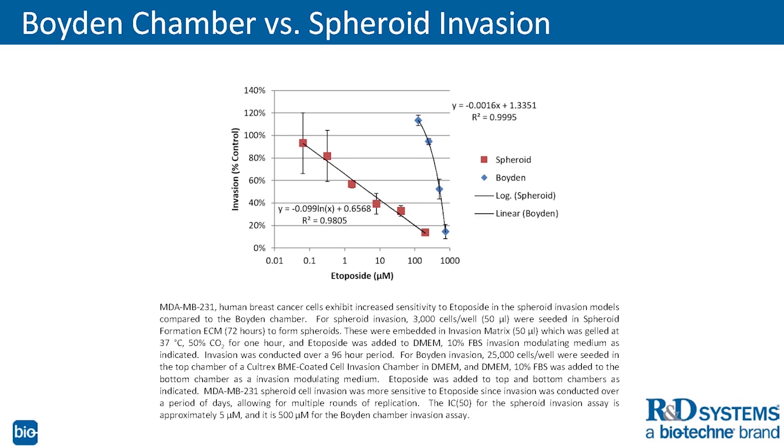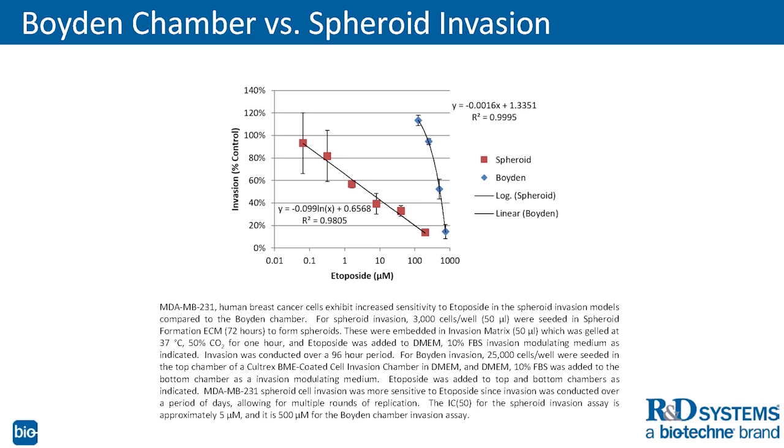We see that the Boyden chamber has a much higher IC50 for etoposide, which is a known chemotherapeutic agent, whereas the spheroid invasion has a much lower IC50, approximately 5 micromolar. And this is mainly because the etoposide is a topoisomerase inhibitor. It requires replication for its pharmacological activity.